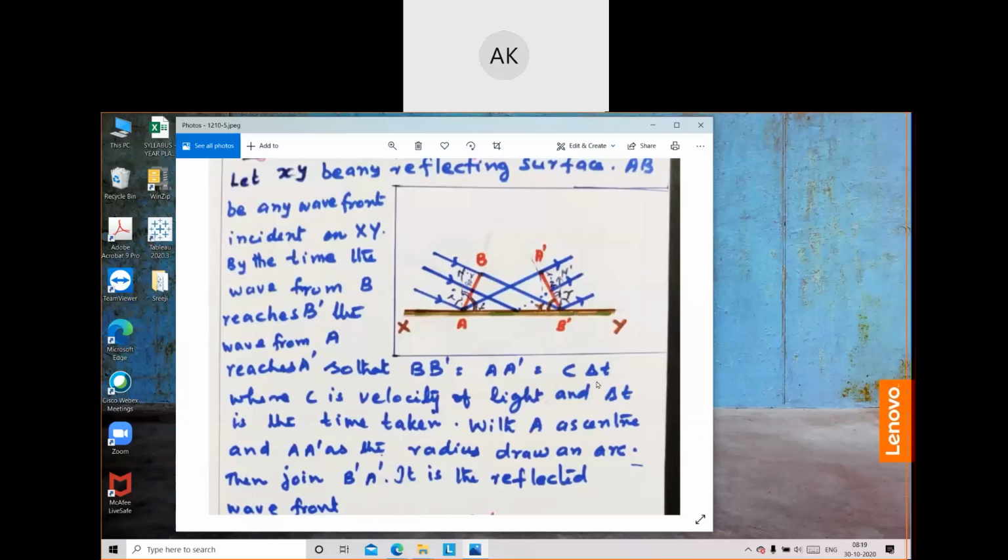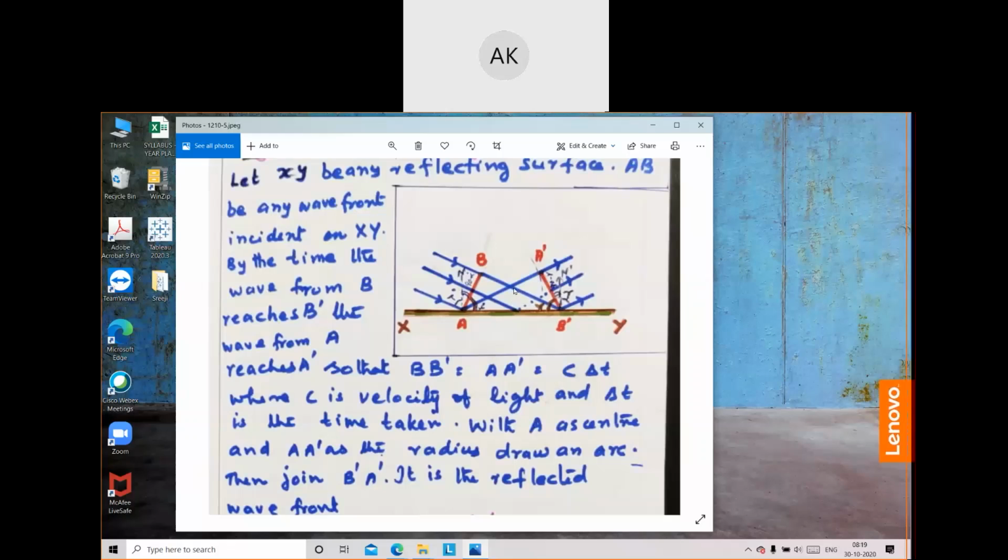Velocity into time will give distance. So the distance traveled by light in time delta t is c into delta t. The wave from B reaches B dash in time delta t, and similarly the wave from A reaches A dash at the same time. So B dash equals A dash.